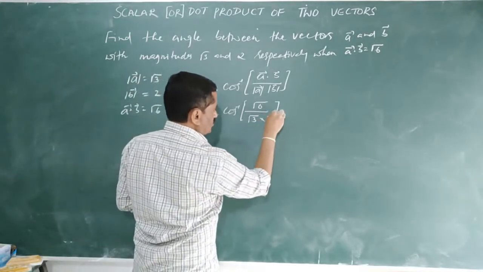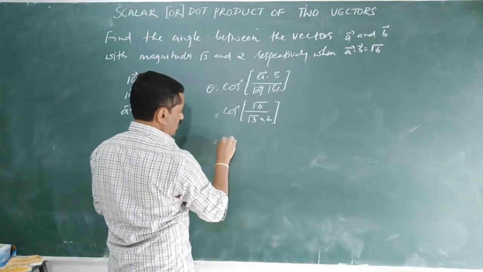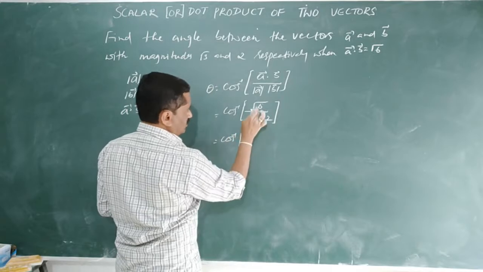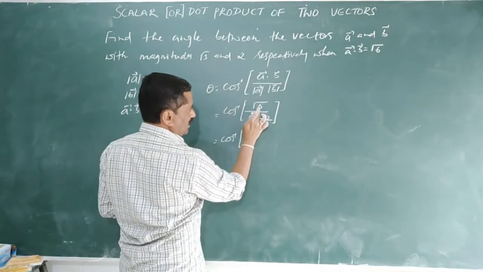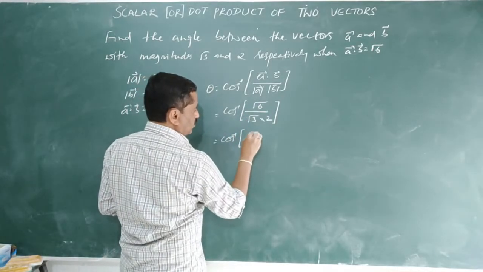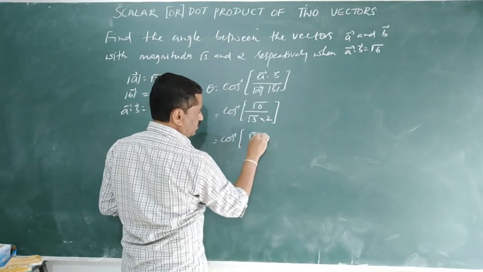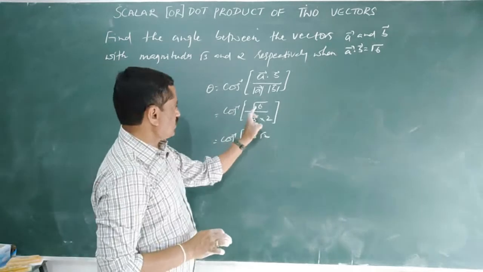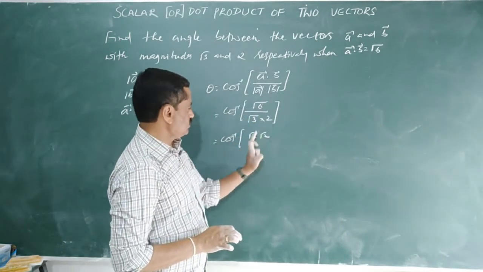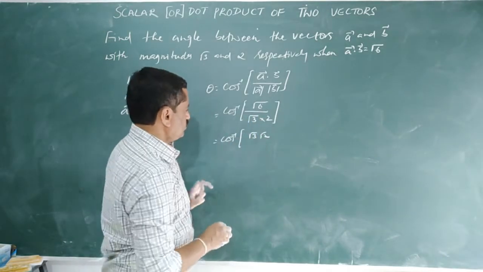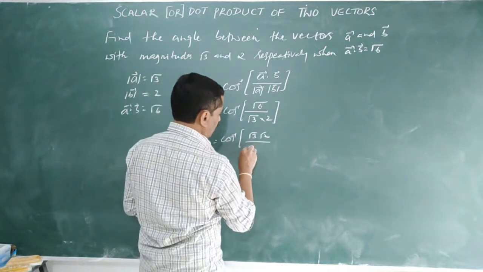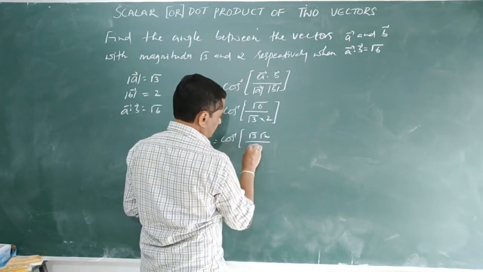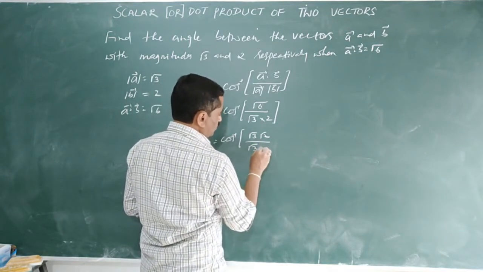Now for simplification of this, that is equal to cos inverse of, so root 6 can be written as root 3 into root 2, all divided by root 3 into 2.